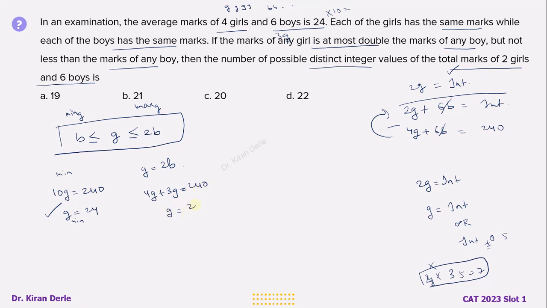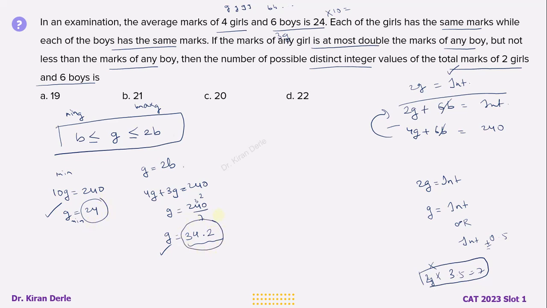G is equal to 240 by 7. 7 3s are 21, 7 4s are 28, you're left with 2, so it is 34 point something. Fine. Now the minimum value of G is 24 and the maximum value of G is this.